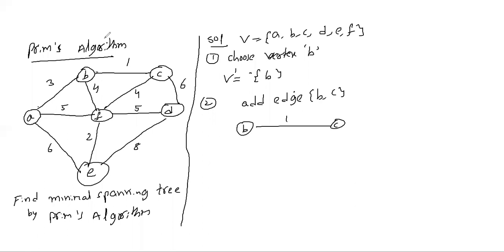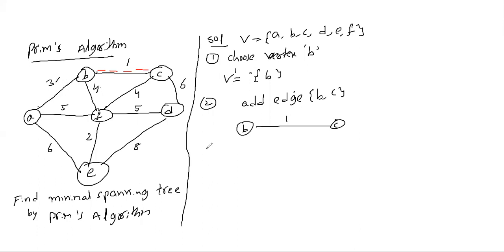This edge we have already added. Next, for vertex B, B to A, the weight is 3. B to F, the weight is 4. Which is the smallest one? B to A is the smallest. 3, 4. Smallest is 3.